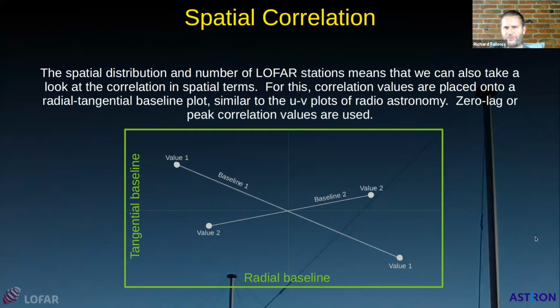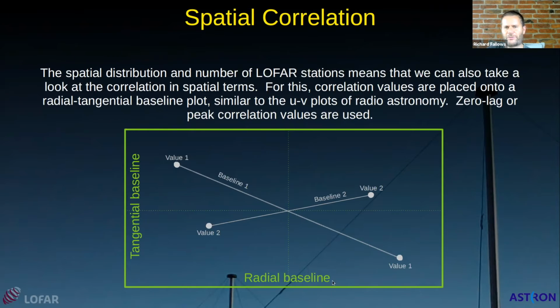That cross-correlation function has a peak value. It also has a value at 0 time lag. So say we take that cross-correlation function, those 0 lag correlation values and those peak correlation values, and we place them on a UV type plot.